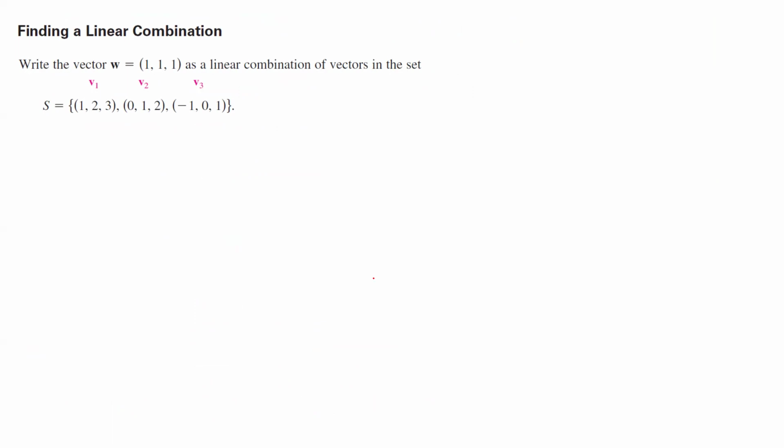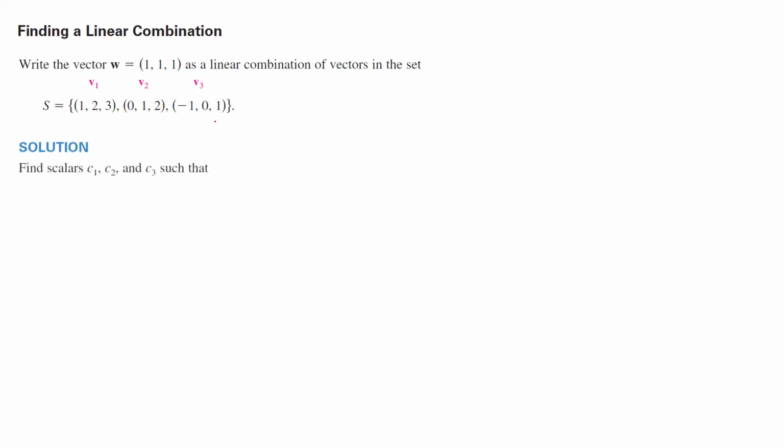The question says, write the vector W = (1, 1, 1) as a linear combination of vectors in the following set. In this set S, I have 3 vectors: (1, 2, 3), (0, 1, 2), and (-1, 0, 1). Write this vector as a linear combination of these 3 vectors.